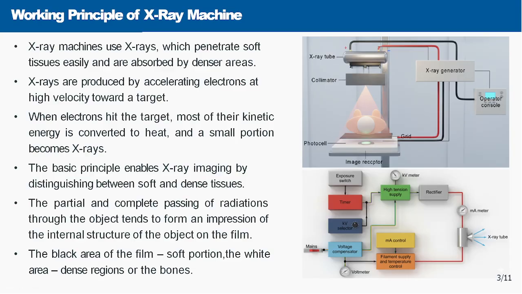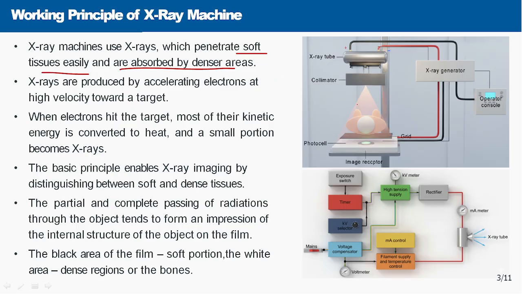Now we'll see how this X-ray imaging technique works. We can mark here that the X-ray machine uses X-ray for imaging. We know that X-ray can penetrate through different parts of our body. It can penetrate the soft tissues easily and is absorbed by denser areas like bone.